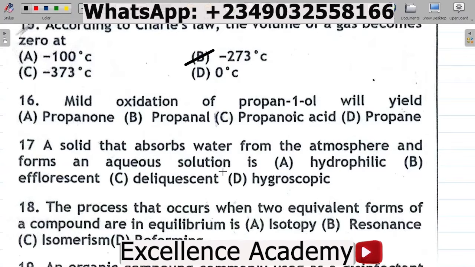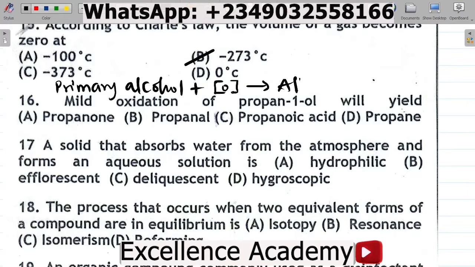Note that the oxidation of primary alcohol will yield alkanals. So primary alcohol, with mild oxidation, will produce an alkanal.